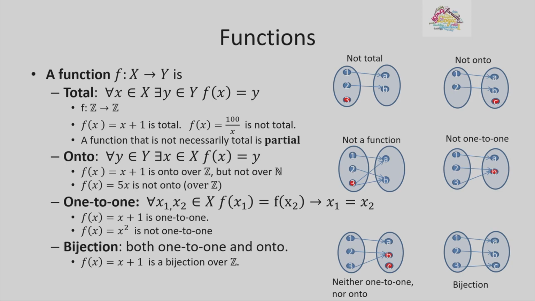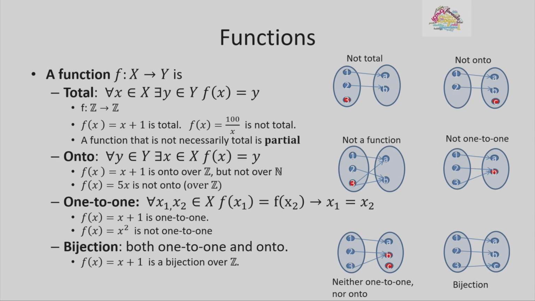Before, we said that everything on the left side maps to at most one item on the right side. If the function is total, it maps to exactly one item on the right side. So we cannot have 1 mapping to A, 2 mapping to B, and 3 just sitting there. If you give 3 to a function, it will say, sorry, there is nothing there.